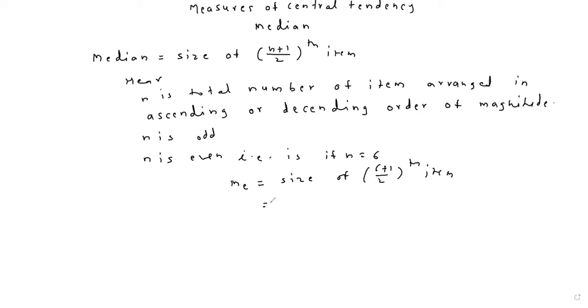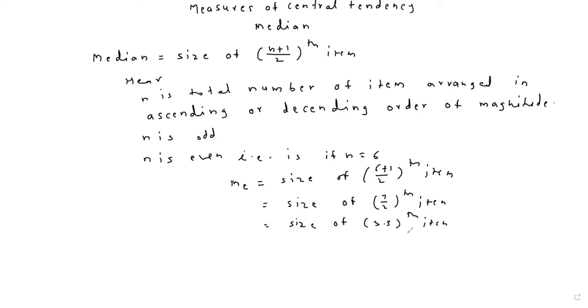So that is equal to size of 6 plus 1, that is 7, 7 divided by 2 th item. That means it is the 3.5th item.